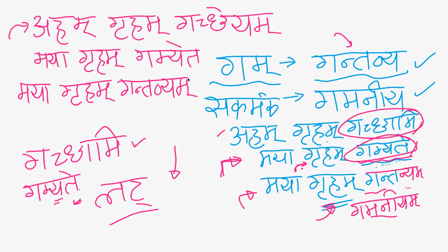Whereas gammeta, that is in the vidhiling sense, is not indicating any kala there, it is just mood. But here maya graham gantavyam, depending on the kriyapada used there, asti, asit, bhavishyati, the kala can be added there.